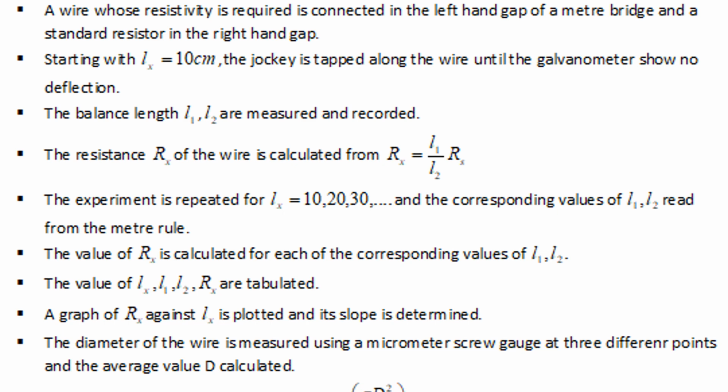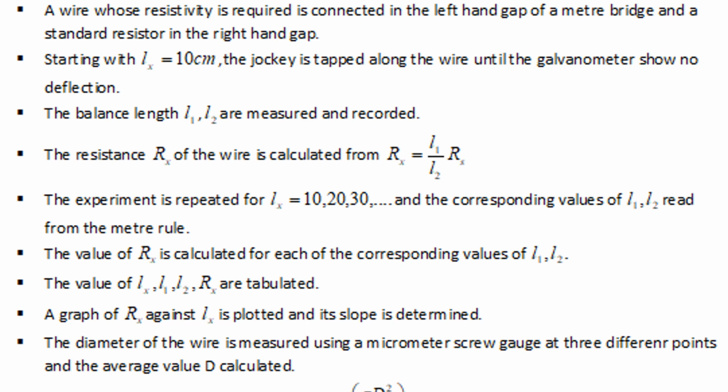Then the experiment is repeated when the length of the wire in that gap is 20, 30, 40, and so on. The value Rx is calculated for each of those different lengths, and then you tabulate the values. You draw a table and put all your values in it, including values of Lx, L1, L2, and Rx.